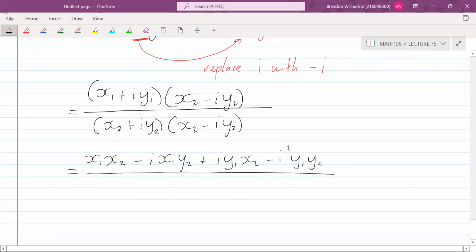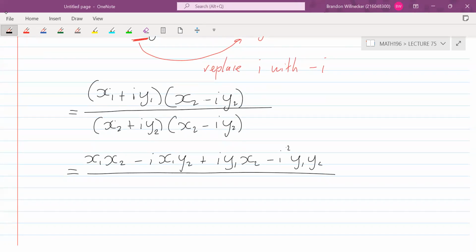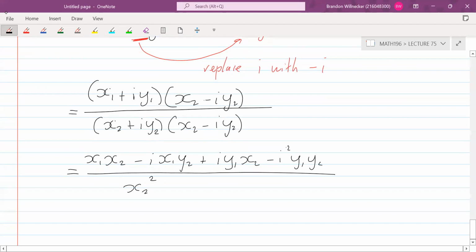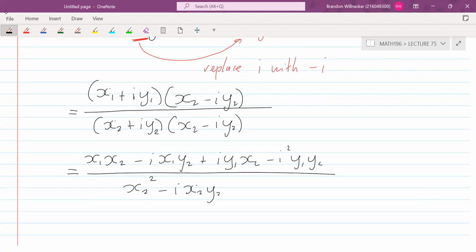Okay, all divided by, let's multiply out the bottom. We're going to have x2 times x2, so that's x2 squared, minus r x2 y2 plus r x2 y2, and then minus r squared y2 squared. Now these middle terms are going to cancel.